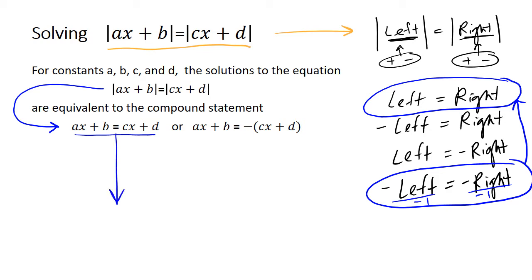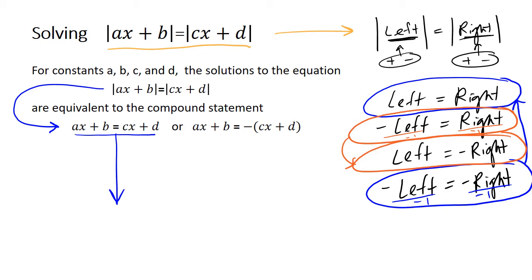If we look at the other two options, a negative left equal to a right and a left equal to a negative right, once again, these actually mimic each other. The reason is that you could divide by a -1 in this first one, and you'd get back to a left equal to a negative right.